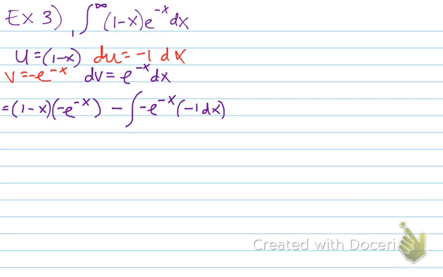So if I multiply over here, I get negative e to the negative x plus x e to the negative x. And then over here I have minus the integral of e to the negative x dx.